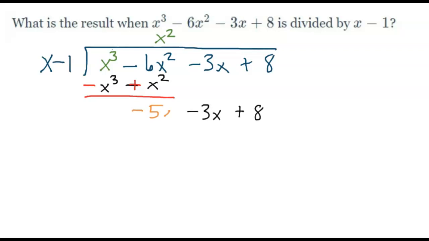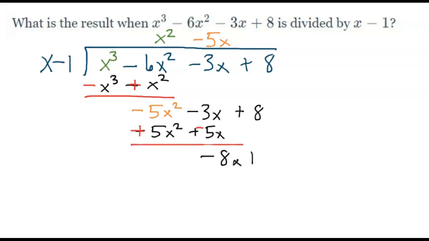And then we focus on just the first term, that negative 5x squared, and divide that by x, and we'll get negative 5x. And then again, we multiply that through. So negative 5x times x minus 1 will give us negative 5x squared plus 5x. Go ahead and subtract each of those, and we'll get negative 8x plus 8.